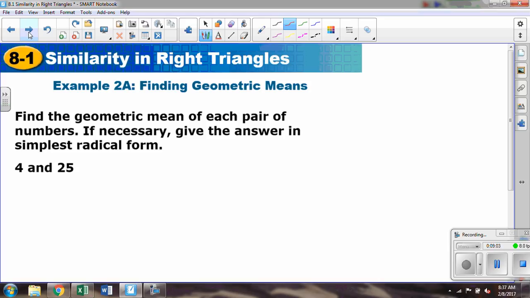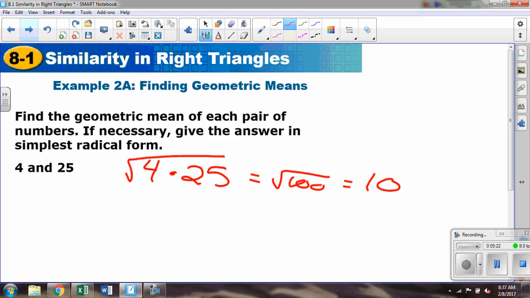Well, the quick algorithm simply says, take those two numbers and multiply them. What's 4 times 25? 100. After multiplying, you take a square root. So the square root of 100 is just 10. You're done. That's how you get your geometric mean.